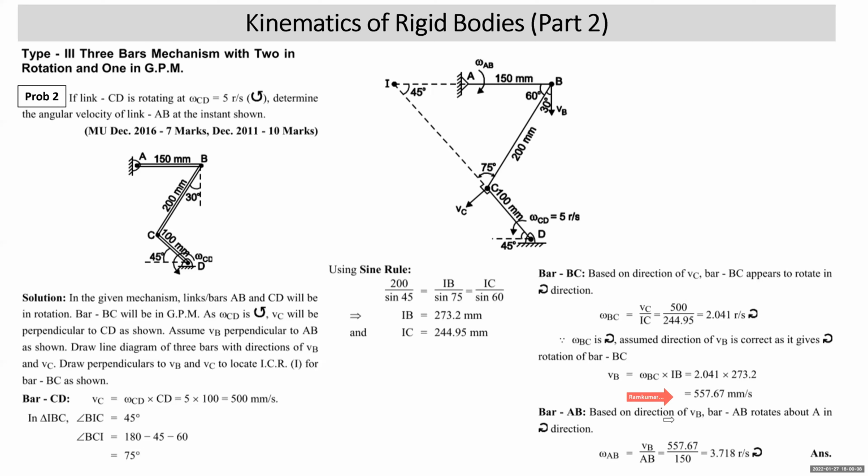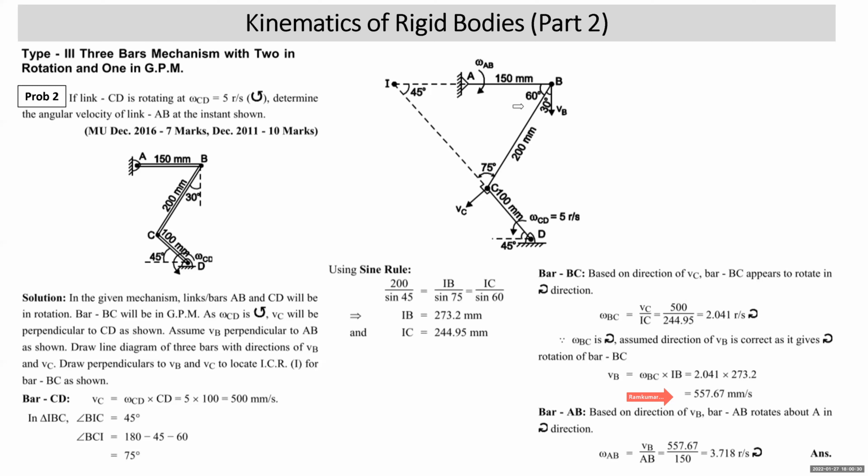You get velocity of point B as 557.67 mm per second. And our assumed direction of VB down is correct. How come? If you consider the motion of bar BC by keeping your pen or pencil at I, BC is giving clockwise rotation, and VB is also giving clockwise rotation. So the direction of VB perpendicular to AB, which we assumed vertically down, is correct.